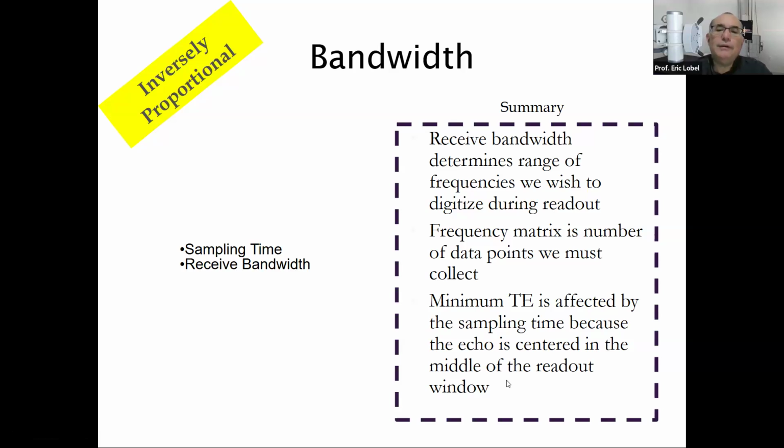What I didn't mention is that the minimum amount of TE, so time to echo, can be affected by the sampling time. One of the things that you need to keep in the back of your head is when TE changes, it will have an effect on signal. If it goes up, signal can go down. So in many cases, we want a minimum TE to kind of keep signal high.